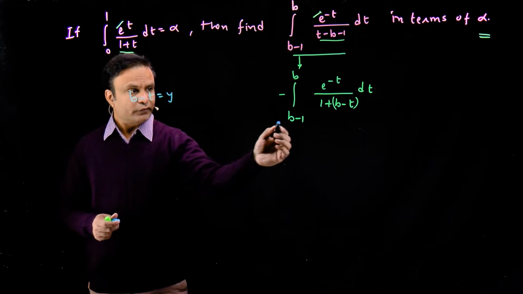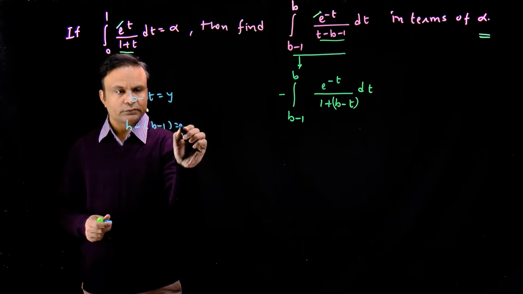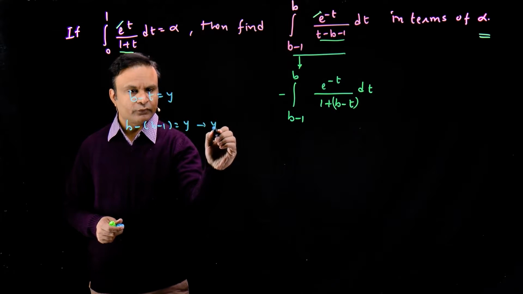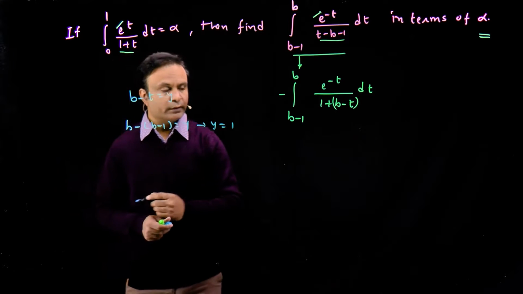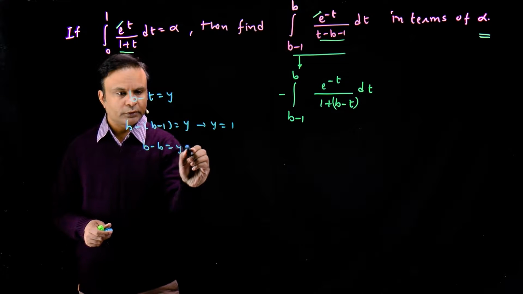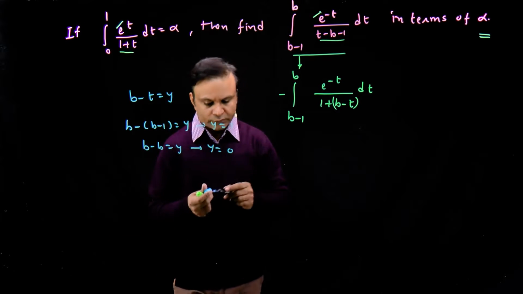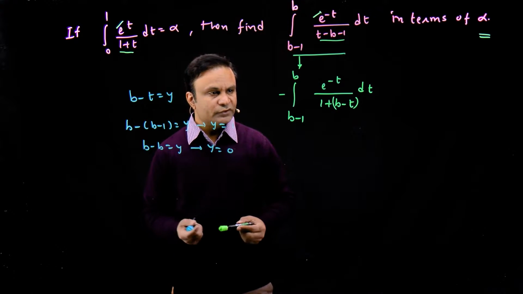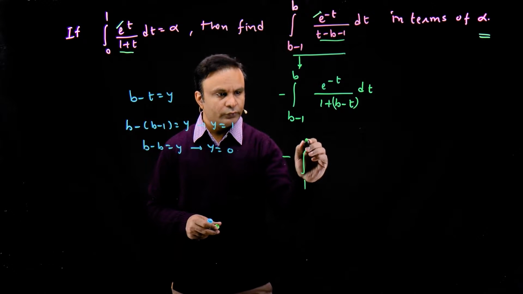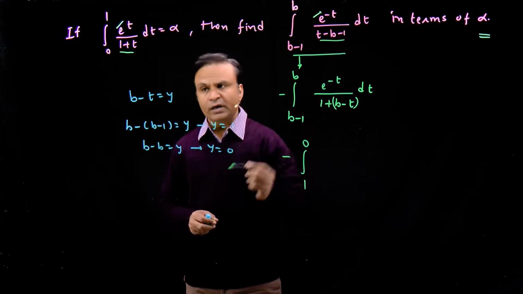When t is equal to b minus 1, at that time y is equal to 1, and when t is equal to b, we have y is equal to 0. So here I am changing the limits from 1 to 0.